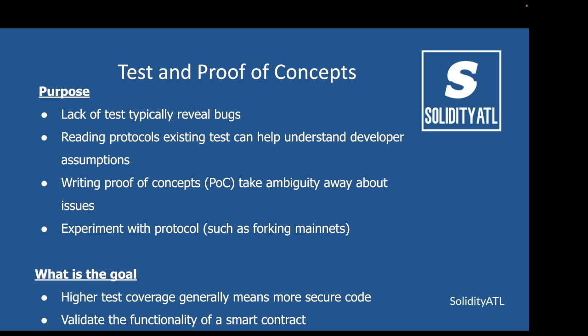This fourth point here, we didn't talk about forking yet, but some protocols that you may encounter when auditing are actually already live and they could be just adding functionality. So another form of tests and writing proof of concepts is actually forking that protocol from whatever mainnet they're deployed on to your local testnet.